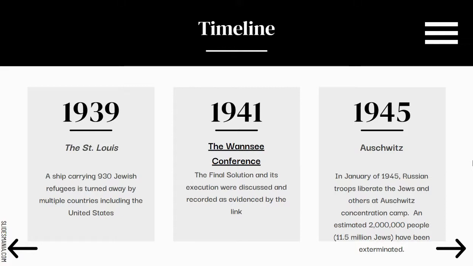Additionally, it is recorded, like so many things by the Nazis during this Third Reich era, 1933 to 1945. As a quick reminder, go back to the key vocabulary. The final solution is the last vocab word included in the vocabulary.